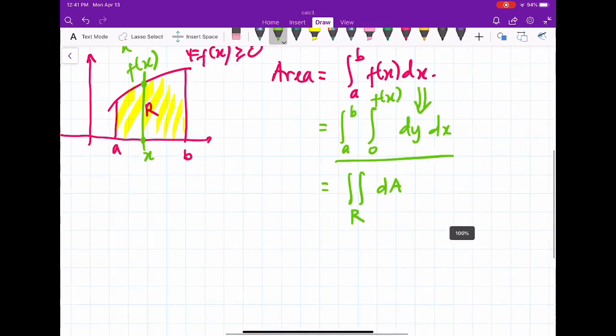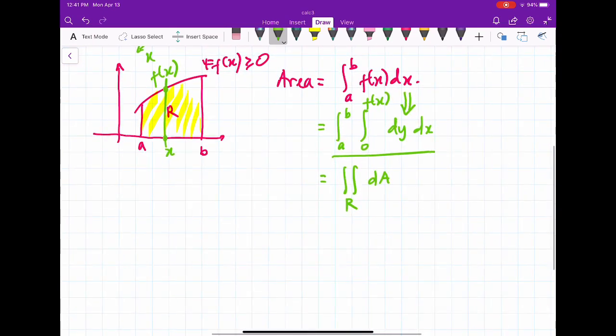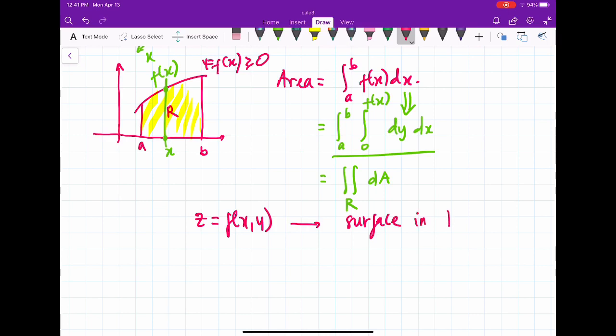Okay? And now if you have some function of two variables, z equal to f of x and y, this function describes some surface in R3. And we also learned how to use a double integral to find the volume of the solid region bounded by the surface.